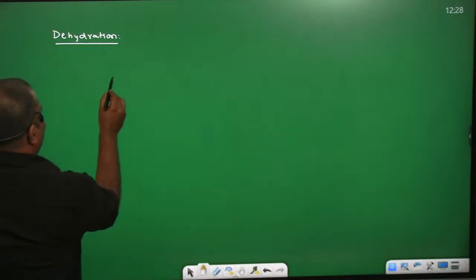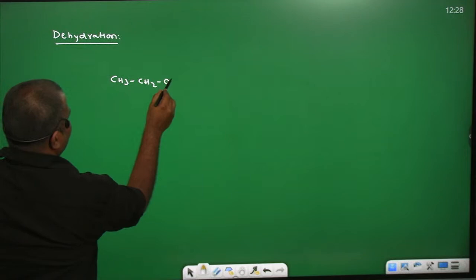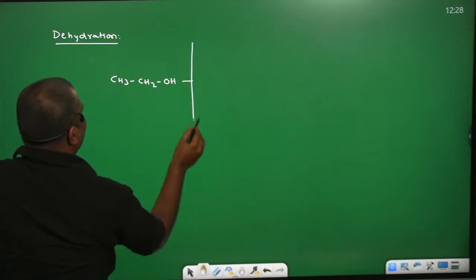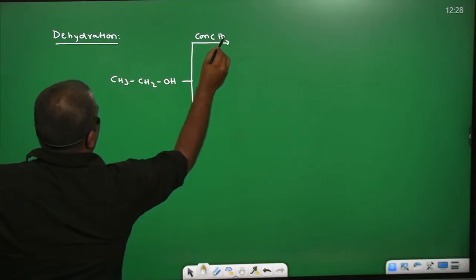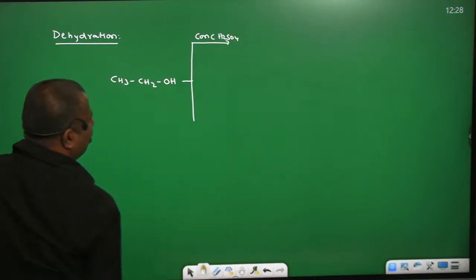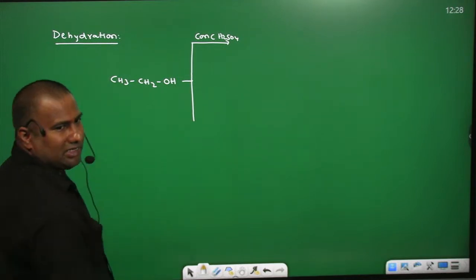The same thing, I am taking CH3CH2OH, ethyl alcohol, by treatment with concentrated sulfuric acid, but temperature has a vital role.